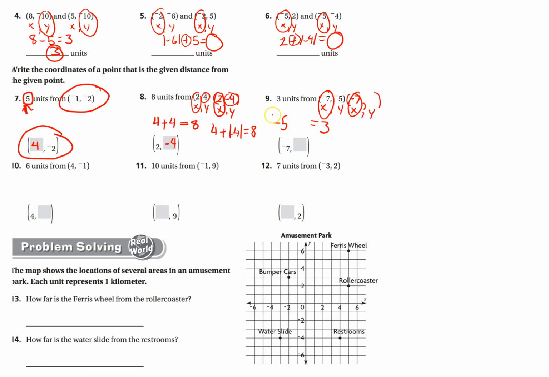So if I'm doing absolute values, that's going to be 5 and 3. So what do I need to do? Well, that tells me I need to subtract. Because if I'm going from the absolute value of 5 to 3, I'm going smaller or less value, so I need to subtract.